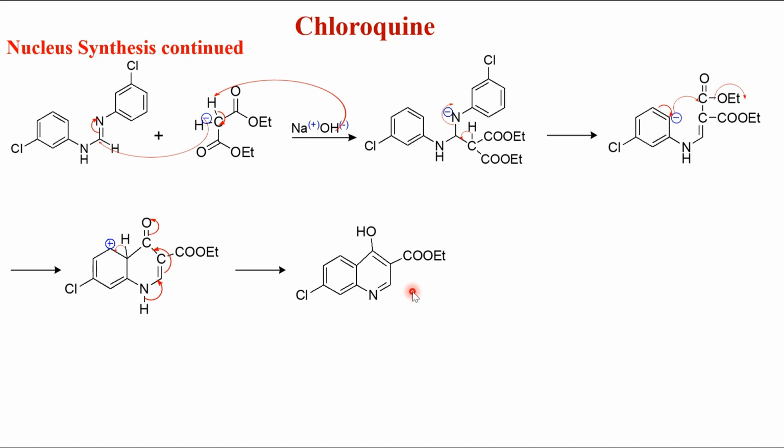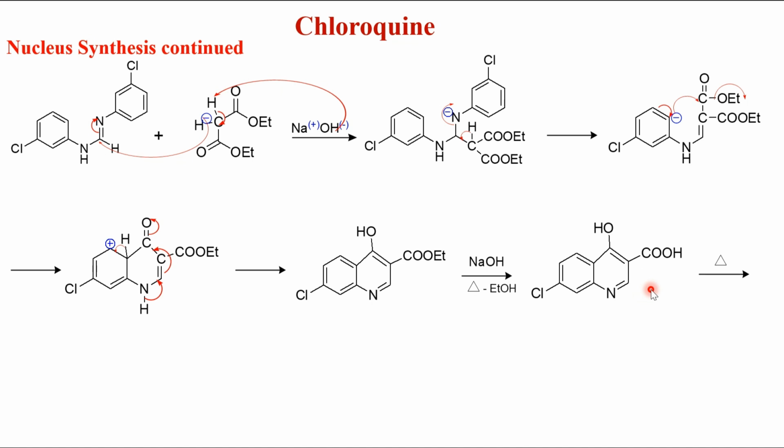Now, if I remove this COOEt, I'll get 4-hydroxy 7-chloroquinoline. I hydrolyze this molecule by treating with a strong base, and it loses ethanol, and it gives rise to a carboxylic acid.